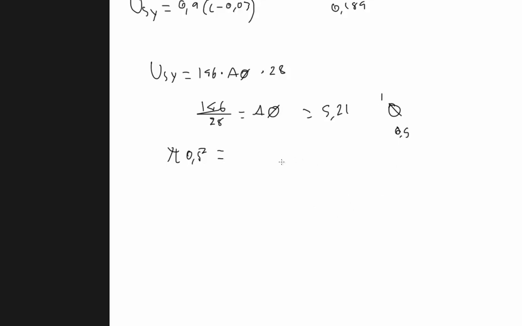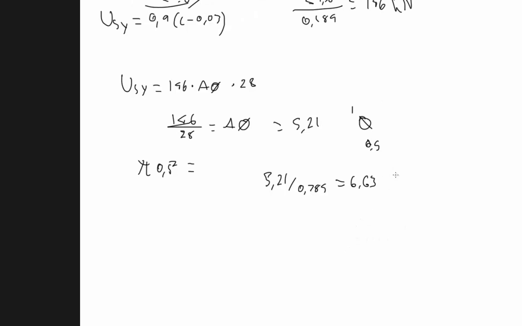It's obviously the same. So that would be 5.21 divided by, again, 0.785. 5.21 divided by answer is equal to 6.63. So I guess 6.63 plus 1 equal to 7.63.